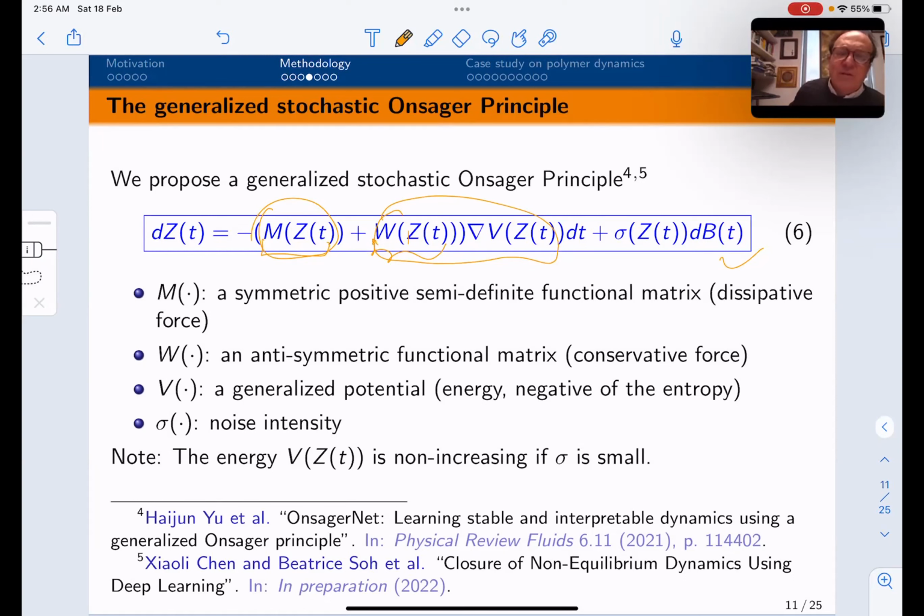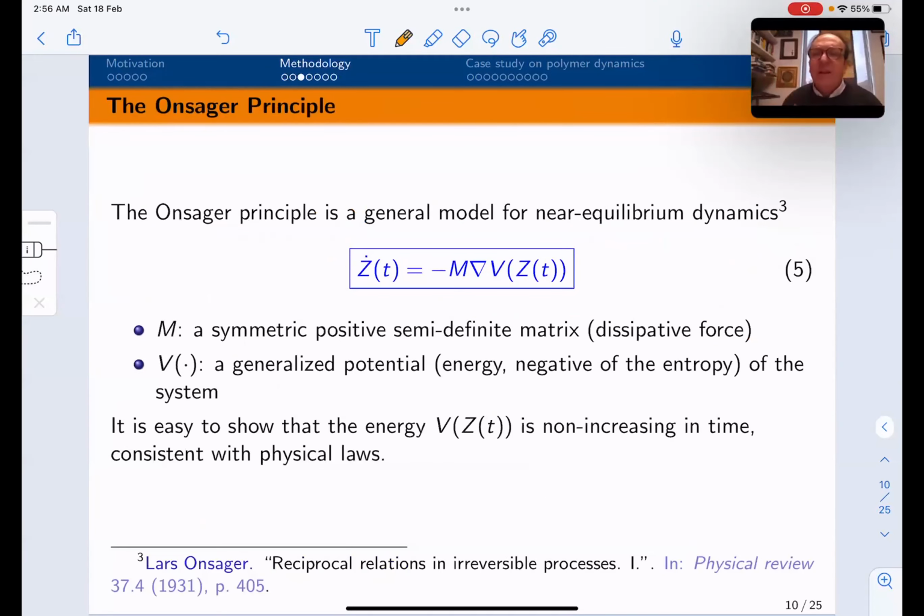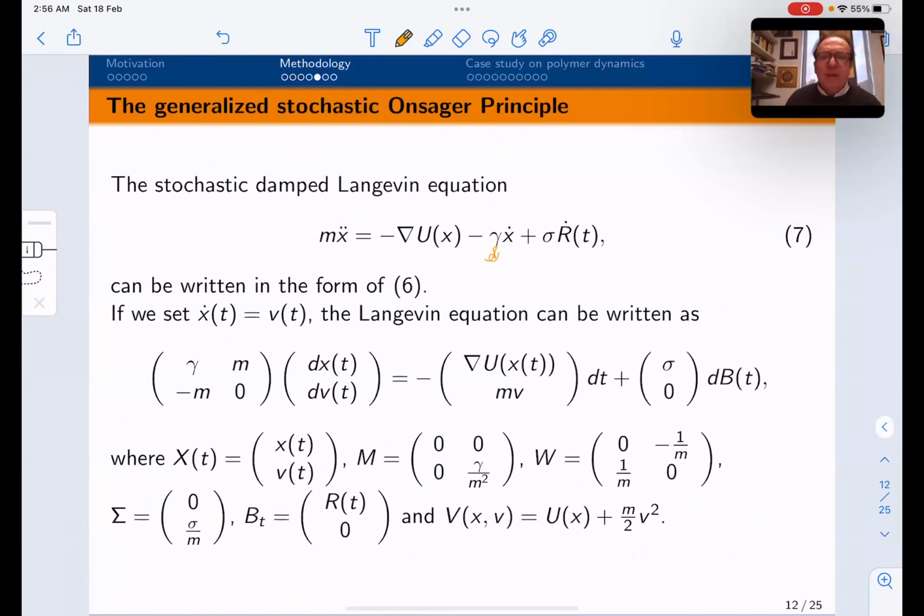So that is basically your minus gamma x dot that you had before. You mean in the Langevin equation? Yeah, the example here, right? Yeah, exactly. And your first term is your middle term.